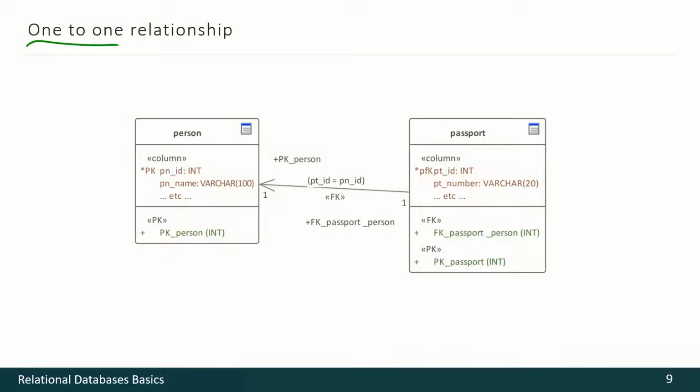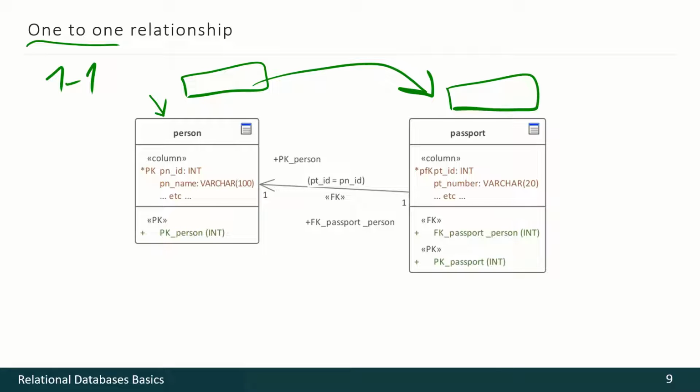The next type is one-to-one relationship. In this case, we have to make sure that each record from the parent relation has no more than one record from the child relation. How can we achieve this situation? We may take our foreign key and make it also primary key.